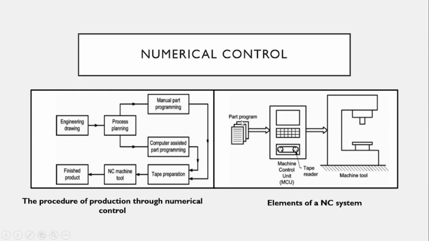The part program is fed to the machine control unit, and this machine control unit instructs the machine tool to perform the operations to make a particular object with the help of this part program.